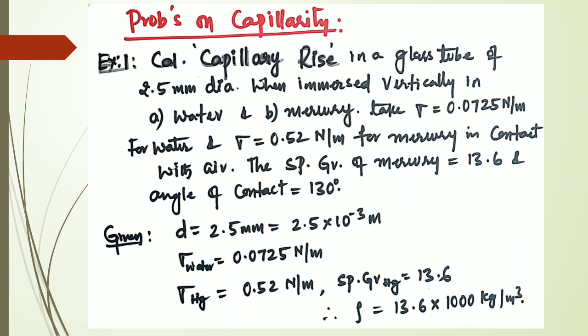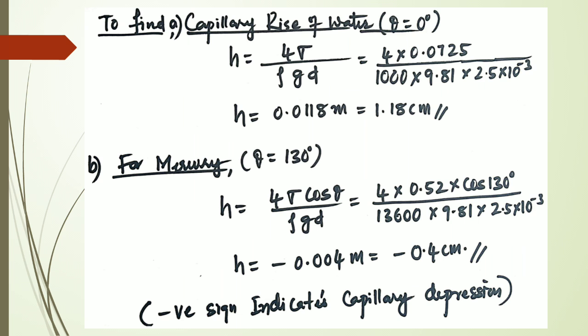So specific gravity is known to me and density of water is known to me. You can calculate density of liquid. That is the relation of specific gravity. Therefore, rho is equal to 13.6 into 1000. That is specific gravity into density of water. So this is how you have to obtain the relation for density here. Fine. So everything is known to me, then I can proceed to the problem.